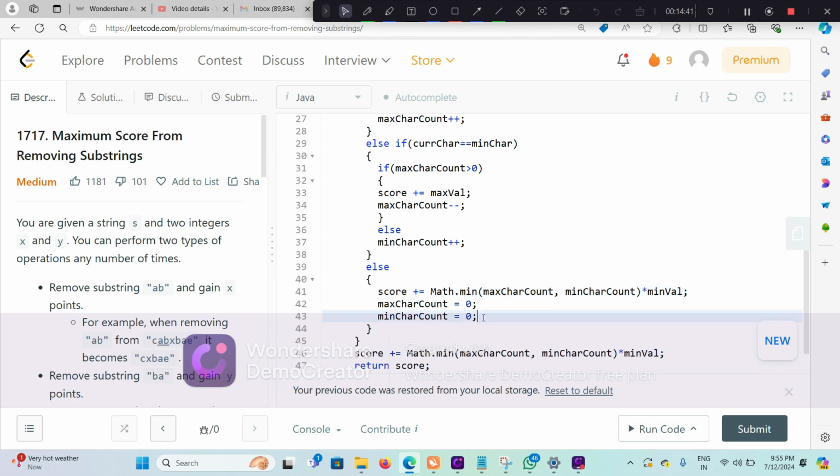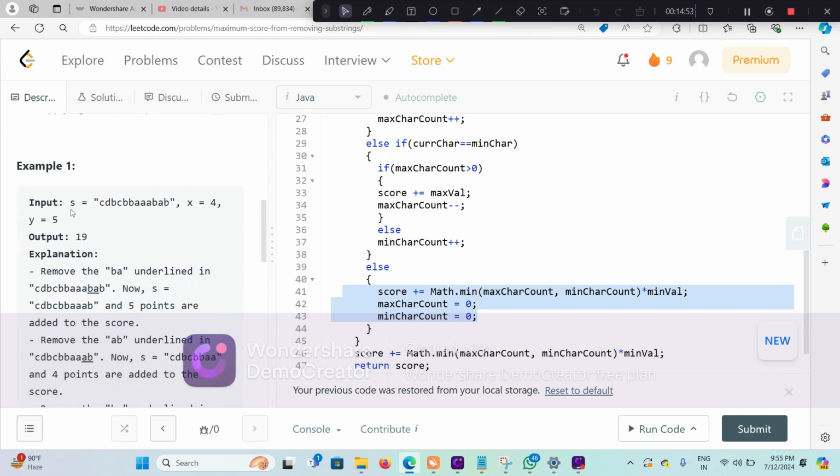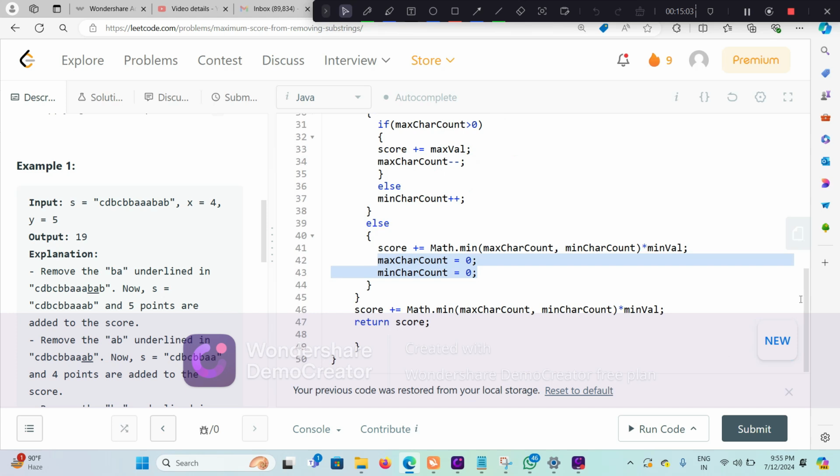And again see here we are resetting max char count and min char count equal to 0, because this else would be there when something like in this case C occurs, right? Whenever this C occurs, that means we have to reset everything. So for that reason we are resetting all counts, and then we finally come out of this loop.